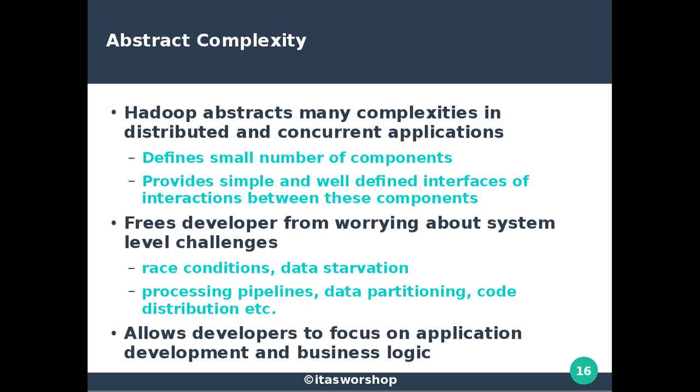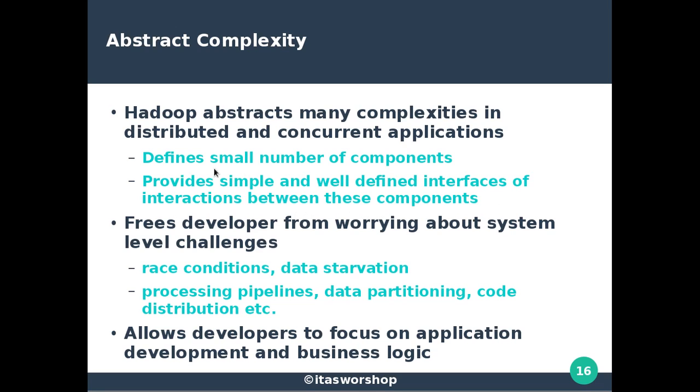Abstract complexity. A programmer doesn't need to worry about the complexity of handling all the system level approach. Hadoop abstracts many complexities in distributed and concurrent applications. We just need to define a small number of components, and it provides simple and well-defined interfaces for interaction between these components.